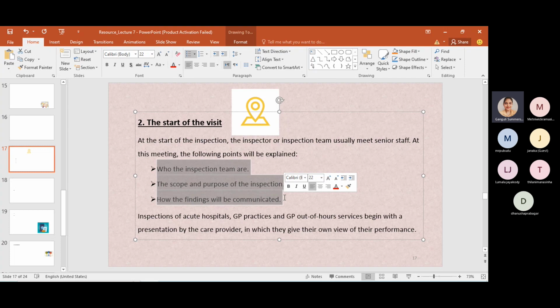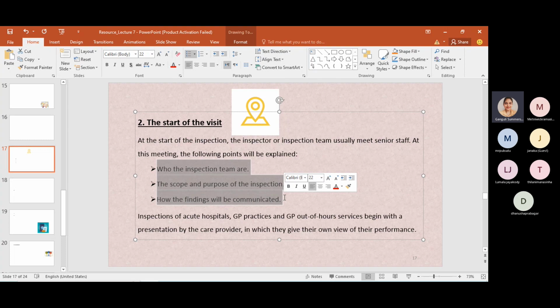The CQC will explain who the inspection team are, like how the inspection team is made, who are the people in the inspection team. They will briefly introduce their inspection team to the senior staff members.